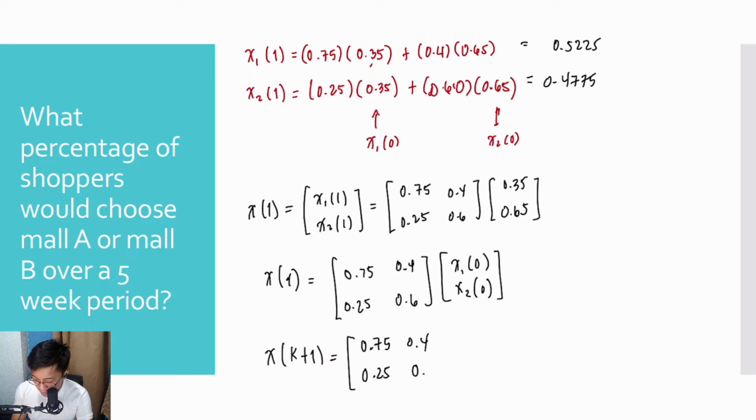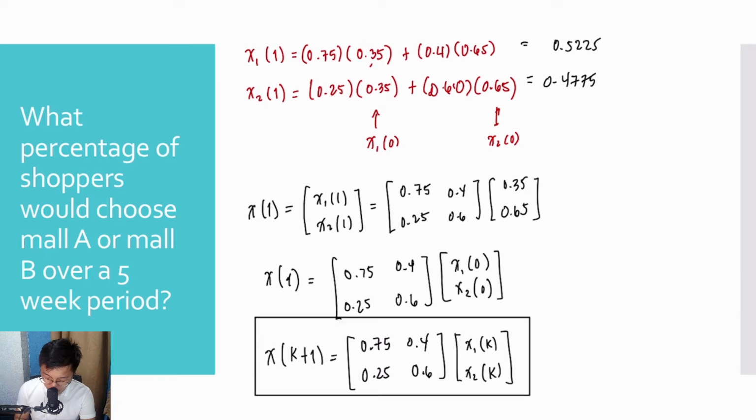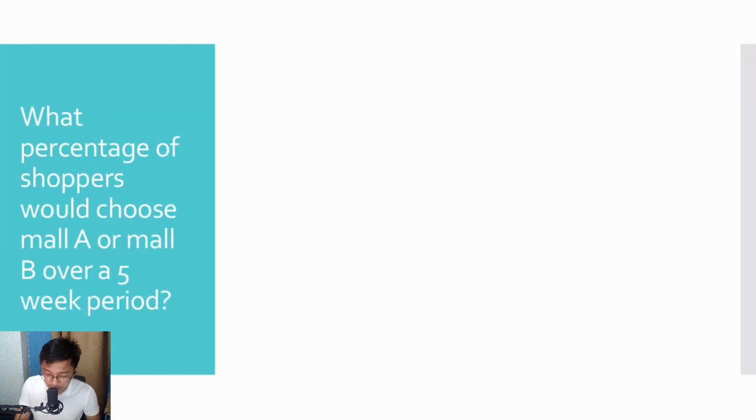We multiply it to the previous state vector, which is not necessarily the initial, but the previous state vector, which is x sub 1 of k times x sub 2 of k. Alright, so this will be the formula in getting the future state vectors. Okay, so let's further solve.